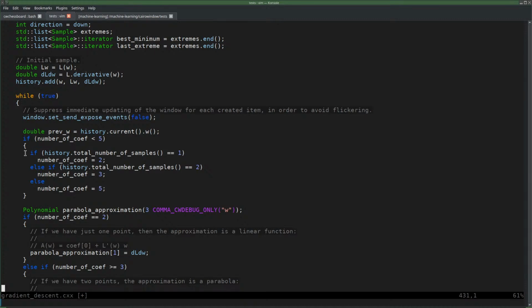W is the one that was just added. Current W is previous W. Okay, very confusing.